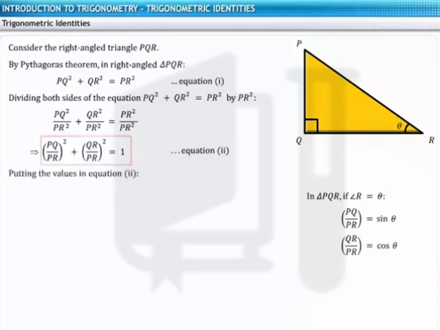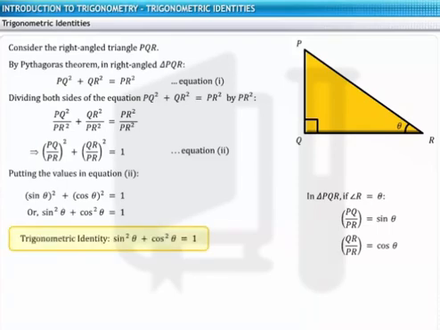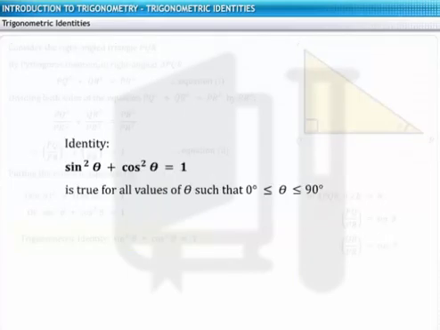Putting the values of these ratios in equation 2, we get an equation sin square theta plus cos square theta is equal to 1. This equation is a trigonometric identity. This trigonometric identity is true for all values of angle theta from 0 degrees to 90 degrees.